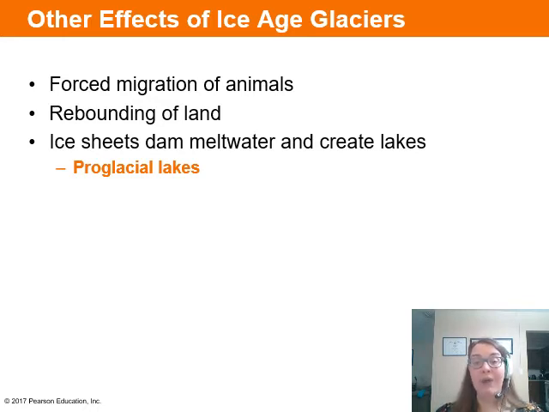So if we're to look at the Great Lakes around Michigan, we see these massive lakes that we can easily see from outer space. These lakes were not there before 18,000 years ago. And that's because they're proglacial lakes. They formed as that ice began to melt, and all that meltwater just went to a very low-lying area, forming these gigantic lakes.